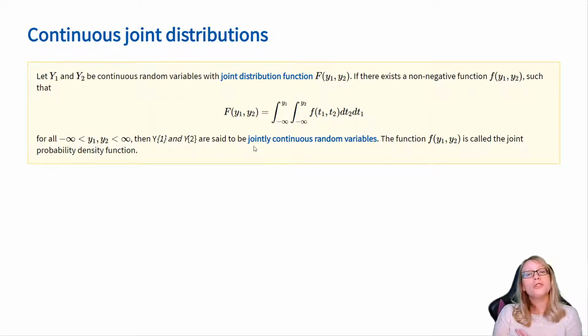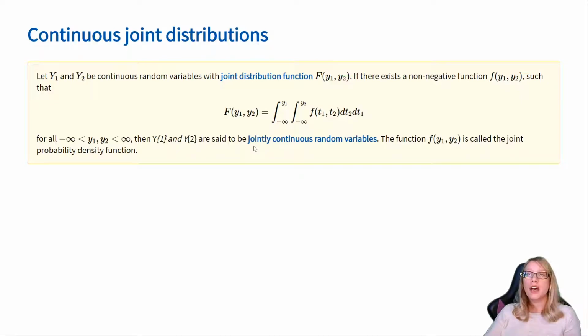So let's move to the continuous case. We'll let y1 and y2 be continuous random variables with joint distribution function, or joint CDF, capital F of y1 and y2. If there exists a non-negative function, little f, evaluated at y1 and y2, such that the double integral of this function returns the joint CDF, then we say that y1 and y2 are jointly continuous random variables.